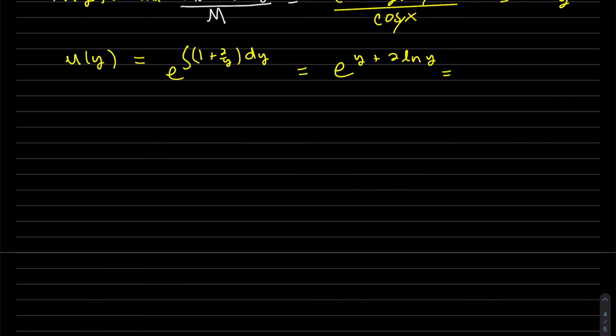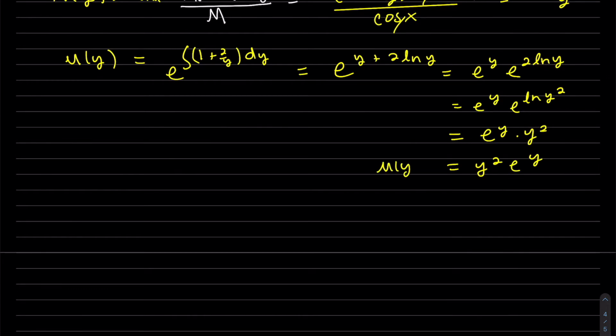This is going to be e to the y times e to the 2 natural log of y. And then, cancel e and natural log of y. E to the y, e to the natural log of y squared, which is e to the y times y squared, or y squared in the front looks better, which is my mu of y. It's my integrating factor for mu of y.